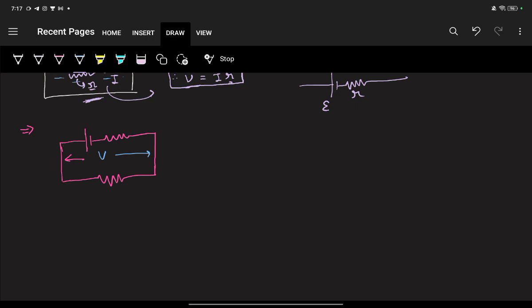This is our internal resistance. This is EMF. This is external resistance. So what's the relationship between terminal voltage, EMF, and internal resistance? We know that total resistance here will become what?